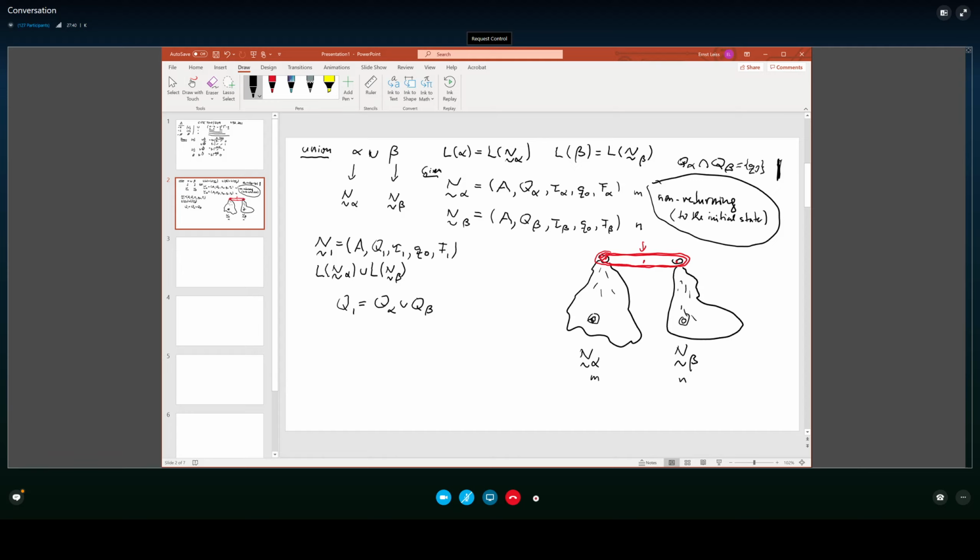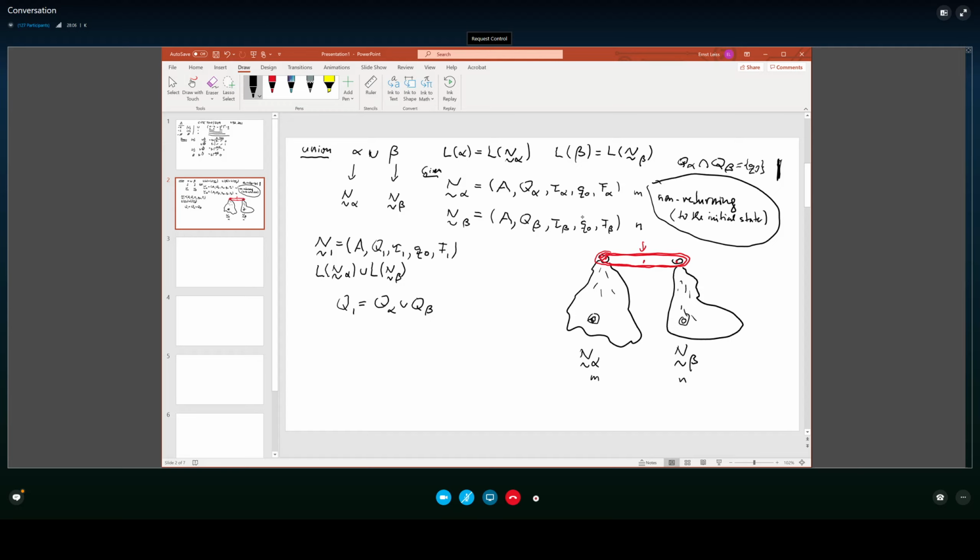Exactly. All right. Now, I obviously expected everybody to think M plus N because that is what you would think. But that's why I'm pointing it out. It actually is one less than that because both initial states are in Q1, but of course there is only one that will be counted.